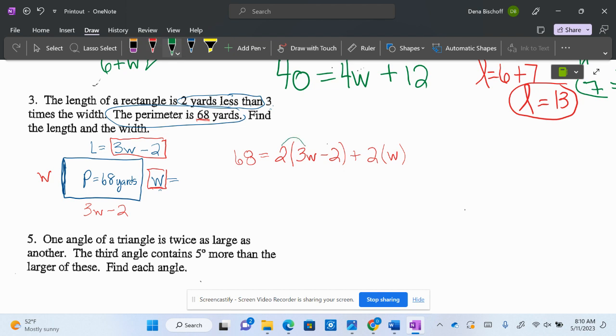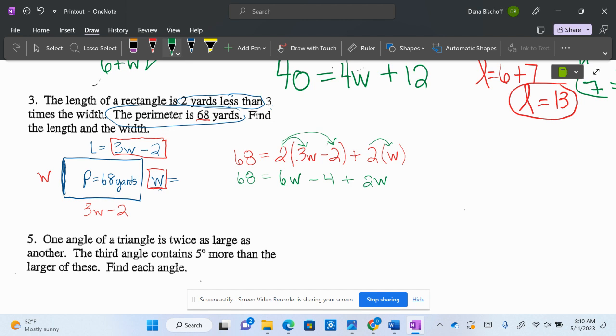So we're going to distribute. So 68 equals 2 times 3W is 6W. 2 times negative 2 is negative 4. Plus 2 times W is 2W. All right.